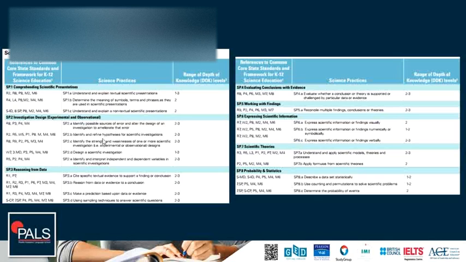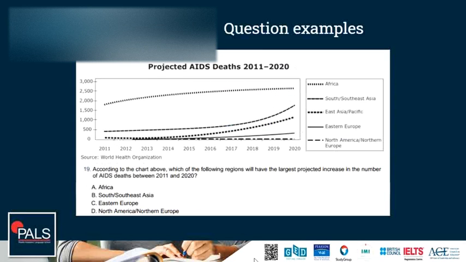Identify and refine a hypothesis of a scientific investigation. Identify strengths and weaknesses of one or more scientific investigation. So that's probably the main point where we are on. What's a weakness? What's a flaw about the scientific investigation of the researchers in their experiment?